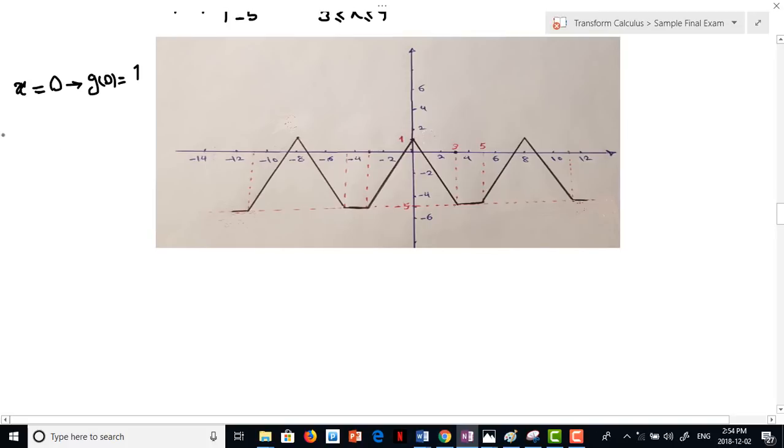When x is equal to 4, g(4) is this point, so it's equal to minus 5. And if x is equal to minus 12, g(-12) is equal to minus 5 as well. So we could solve part B of the problem.